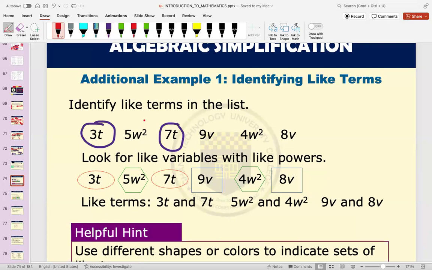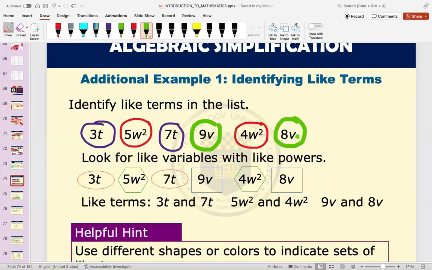Secondly, I'm seeing 5w squared here. I'm seeing 4w squared here. And then thirdly, I'm seeing 9v here. I'm seeing 8v here. Once they are combinations of numbers and alphabets, all of them are forming a term. So these are terms. But is there a way to simplify them?